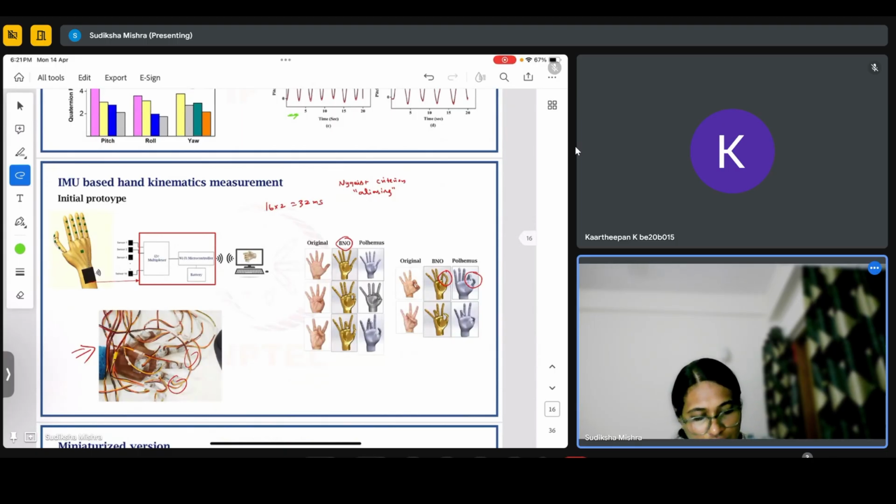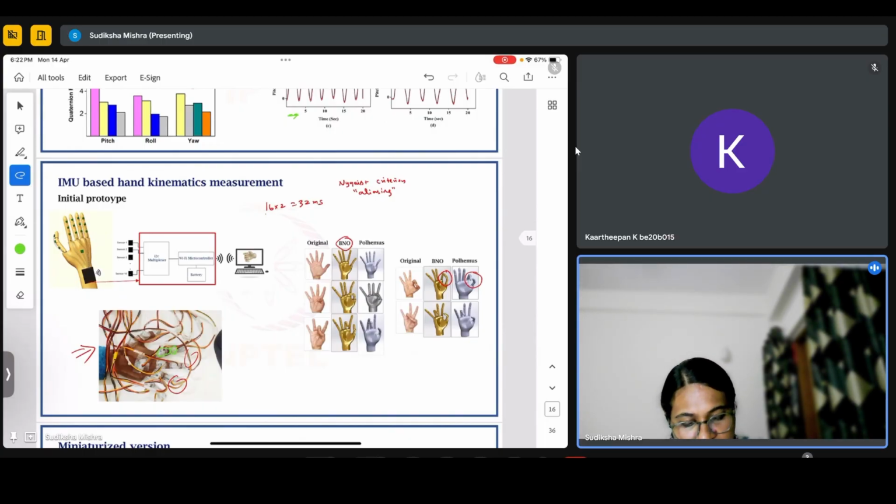So this was the initial system where every chip was pasted onto the skin, and then individually connected to a multiplexer. Then the multiplexer will forward the results into the system.